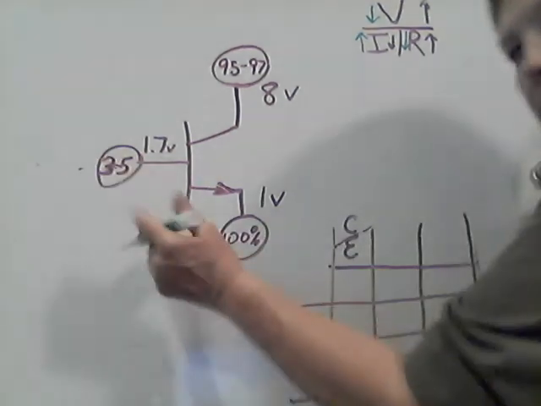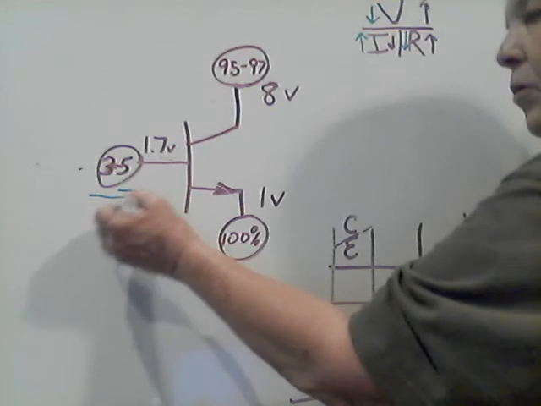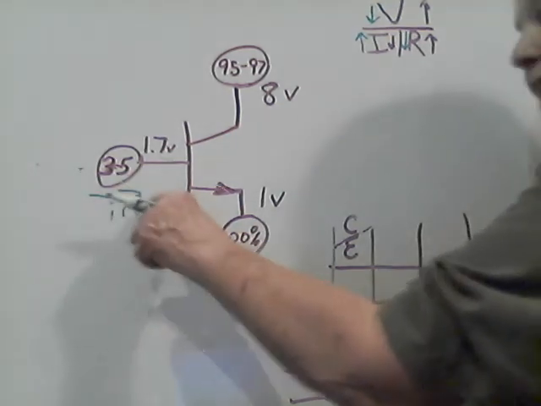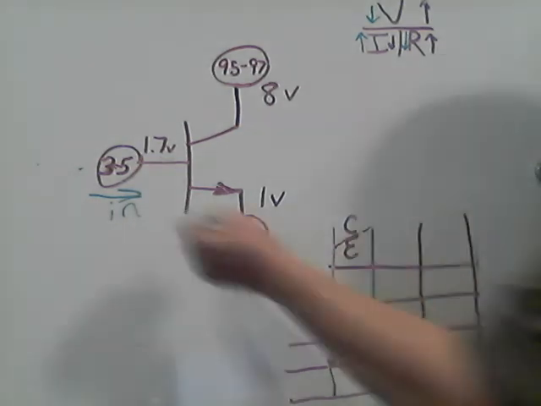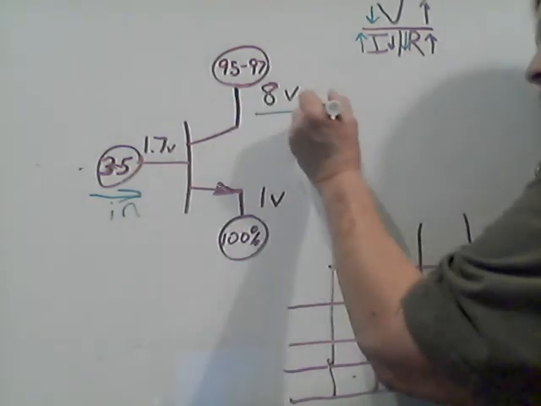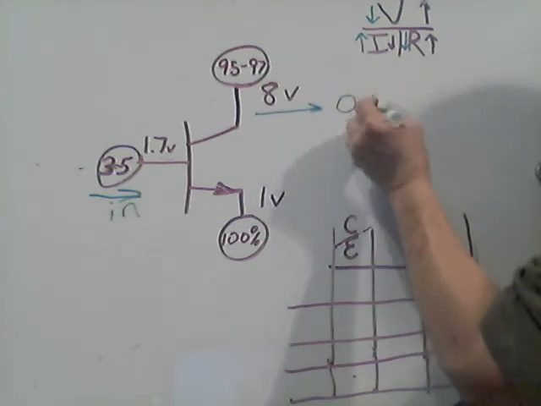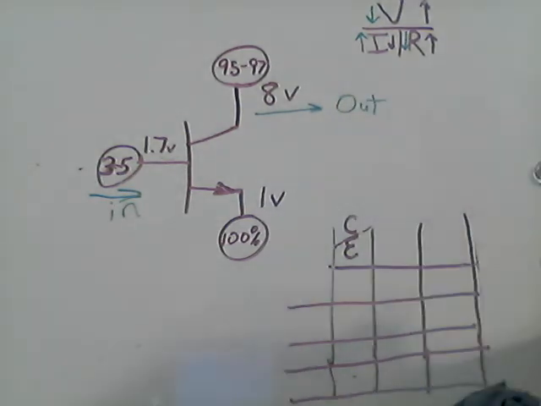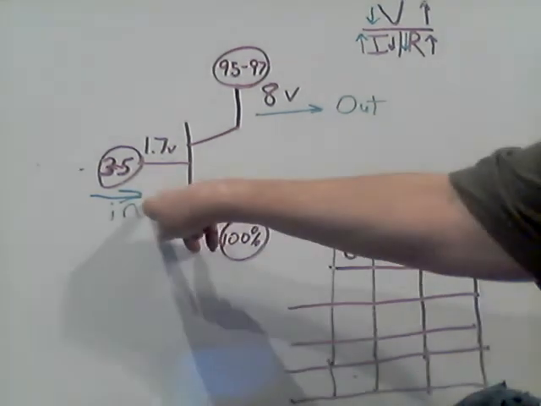So this is my unique in. So really it's in between the base and the emitter. My out is on the collector, my unique point. So again, actually, it's between these 2 points and these 2 points.